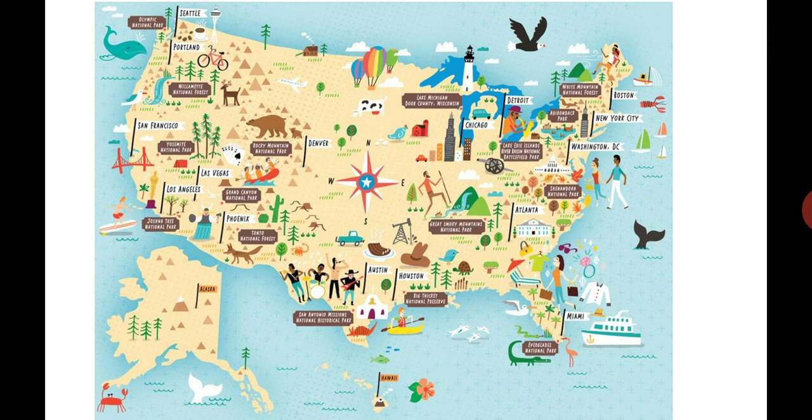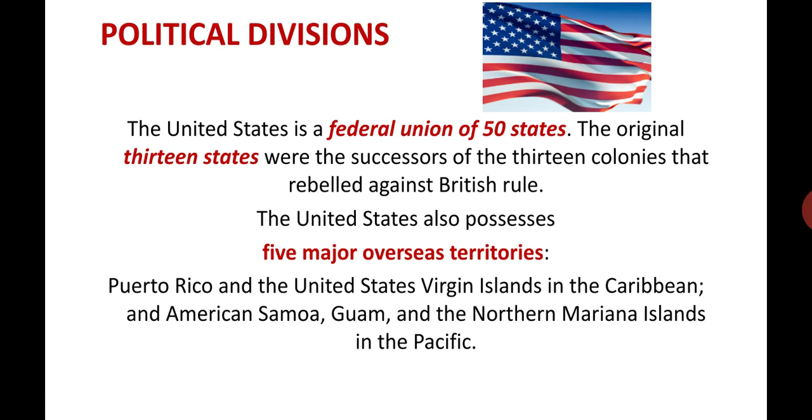For example, Yosemite National Park, Rocky Mountain National Park, Joshua Tree National Park, Grand Canyon National Park, Lake Michigan National Park, and so on and so forth. There are a great number of parks here, and you can see that they are situated on all the territory of the United States. And this is really great.